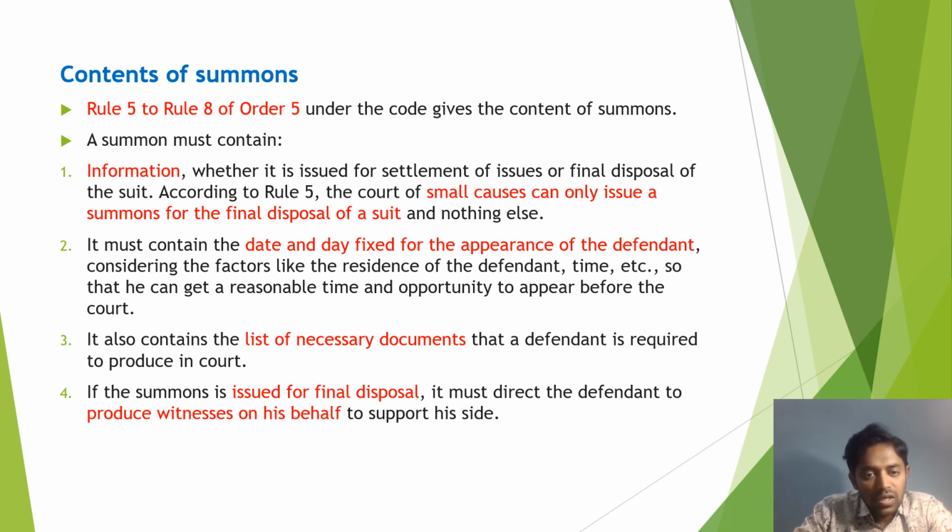It must contain the date and day fixed for the appearance of the defendant, considering the factors like residence of the defendant, time, etc., so that he can get a reasonable time and opportunity to appear before the court. It also contains the list of necessary documents that a defendant is required to produce in court. If the summons is issued for final disposal, it must direct the defendant to produce witnesses on his behalf to support his side.